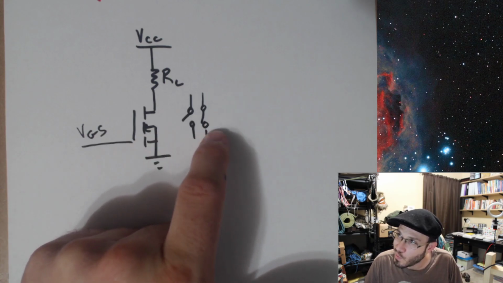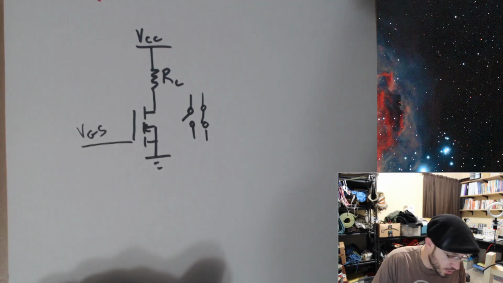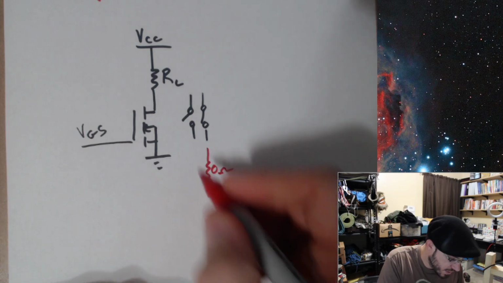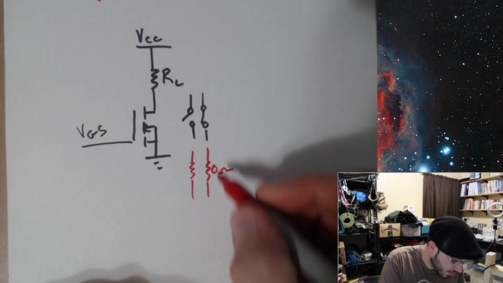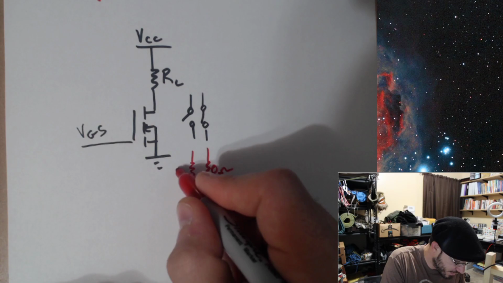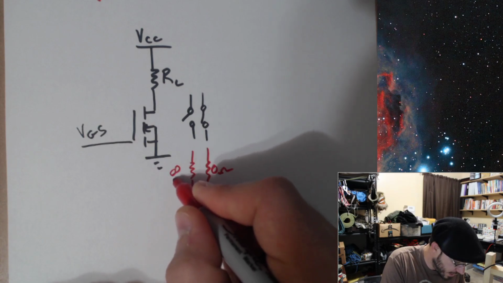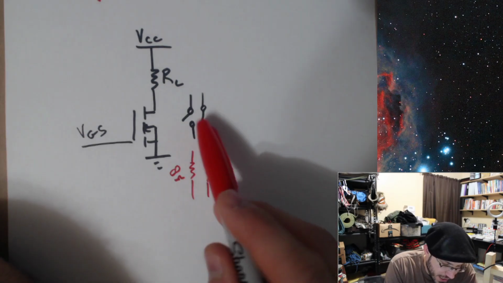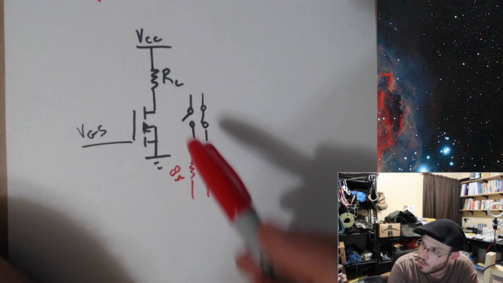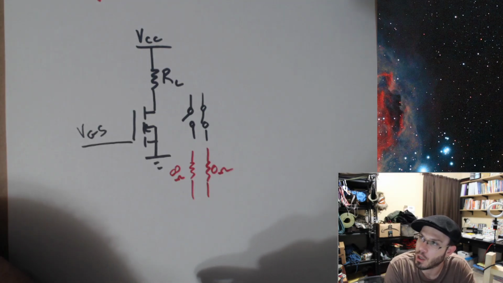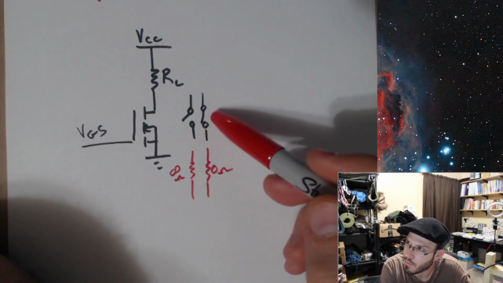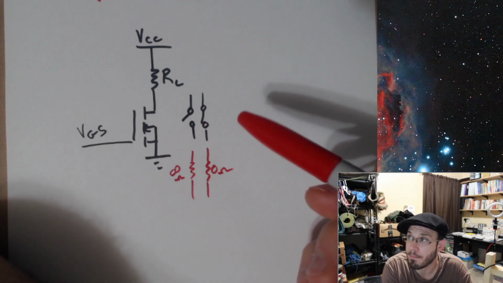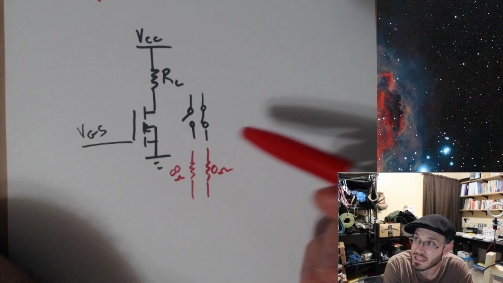And a closed switch is very similar to a resistor of 0 ohms. And an open switch looks very much like a resistor with infinite ohms. Okay. And there are varying degrees of closedness. You can think of this as the saturation mode of a BJT, except that the saturation of a MOSFET is much better than the saturation of a BJT.